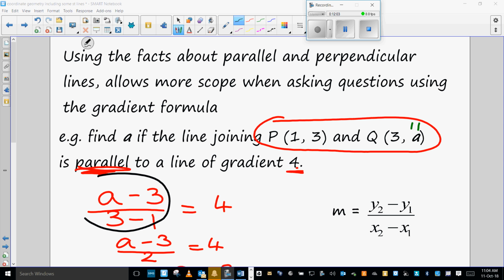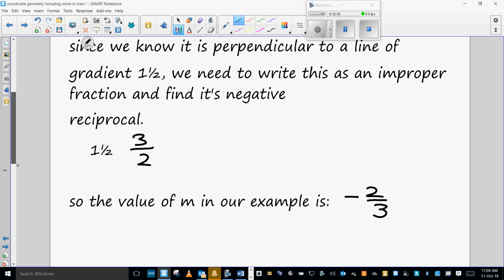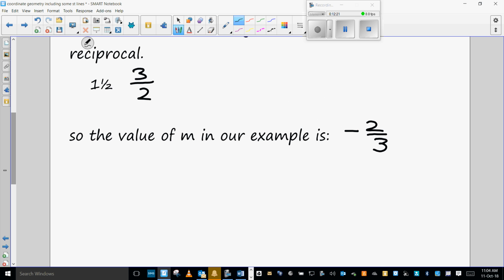So in the previous example, we set our equation up and we equated that to 4, because we knew that they were parallel lines and that the gradient had been 4. For this one, we're going to set our equation up, and this time we're going to equate it to negative 2 over 3, because that's the perpendicular gradient.